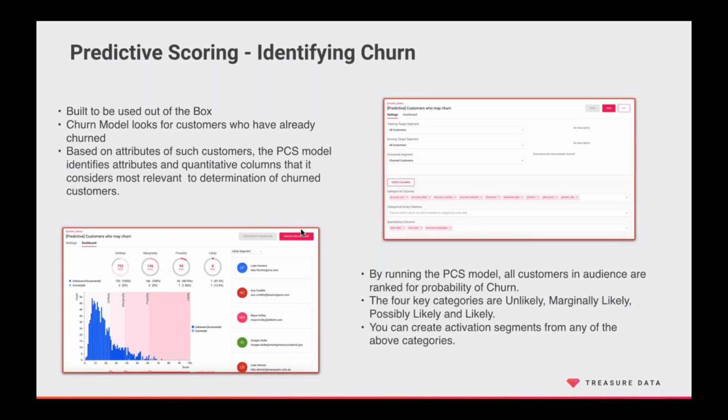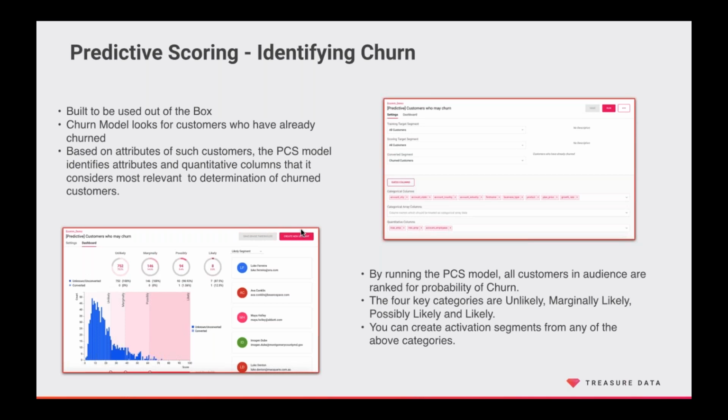And once you've done that, based on the attributes of the customers who've already churned, the model identifies the attributes and the quantitative columns that can be considered most relevant to identify other customers that could potentially churn in the entire audience. So a small set of churned customers helps you identify churn across all customers, right? So that we think is key.